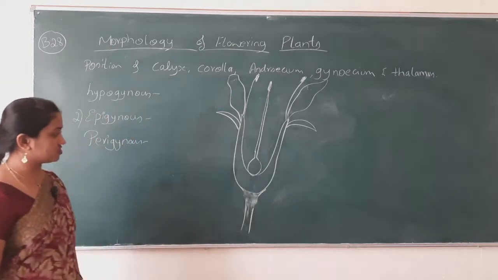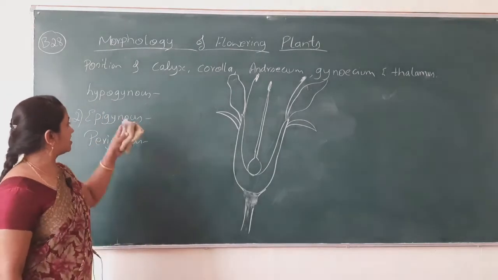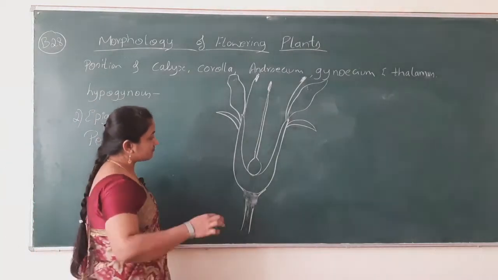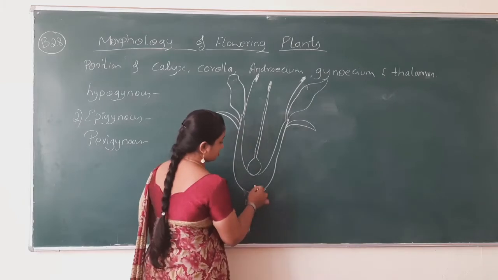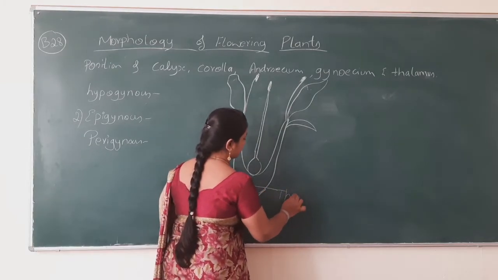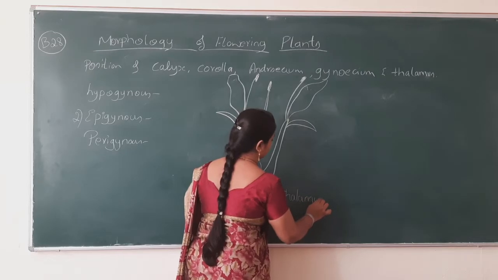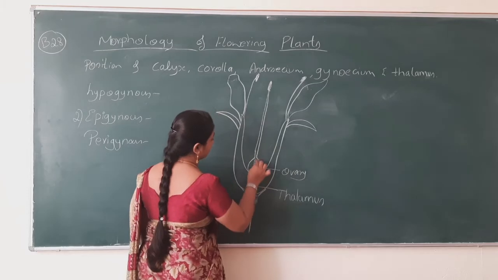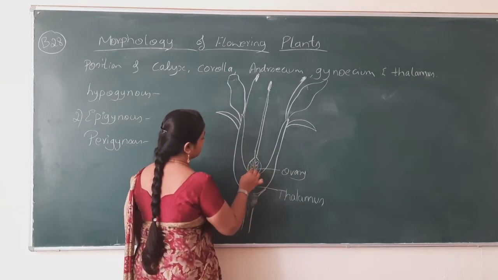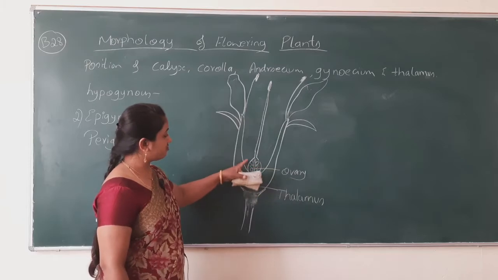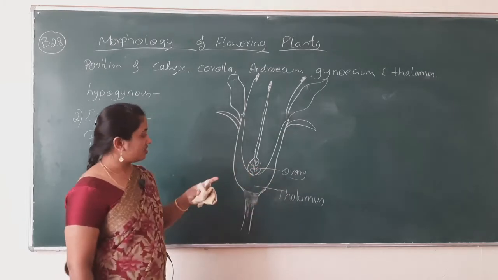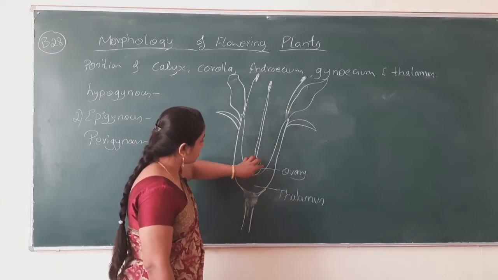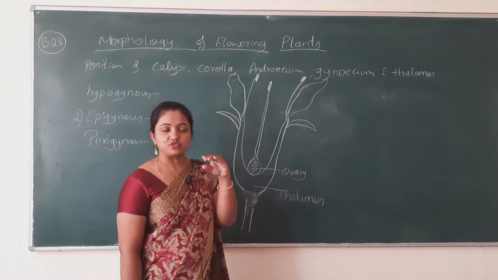So this is the position known as the epigynous condition. If you are getting confused, let me clear your confusion. This is the thalamus and this is the ovary. Here ovules will be present. Now look at this. The ovary has taken the middle position.